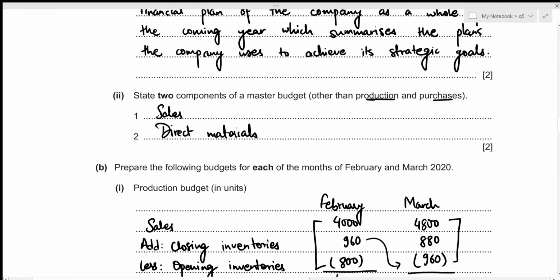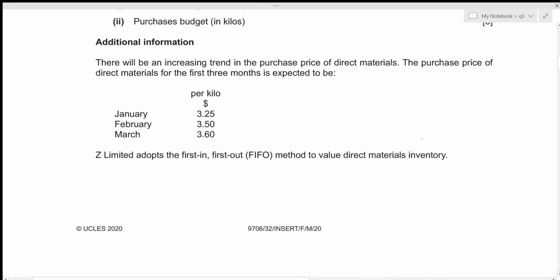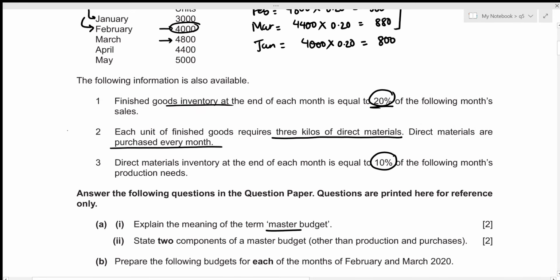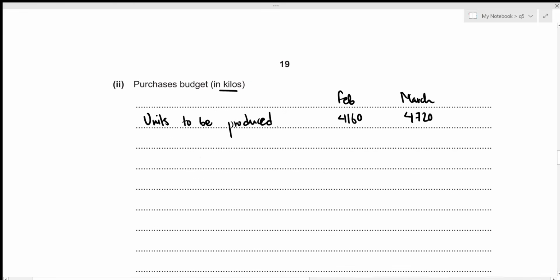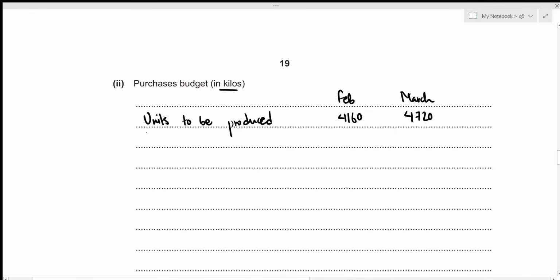And we were given information regarding our direct materials above, right here. Each unit of finished goods requires 3 kilos of direct materials, right? So we already have the number of units to be produced each month. So we can just multiply 3 kilos to each of them in order to figure out the total raw materials required in kilos. Let's write it down. So that's the raw materials per unit, which is 3 kilos.